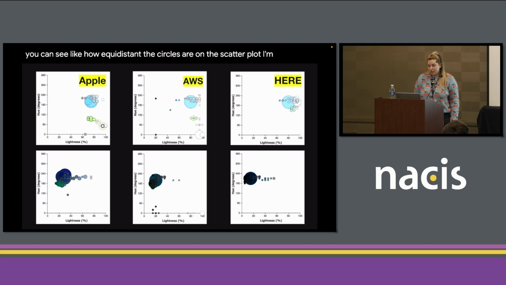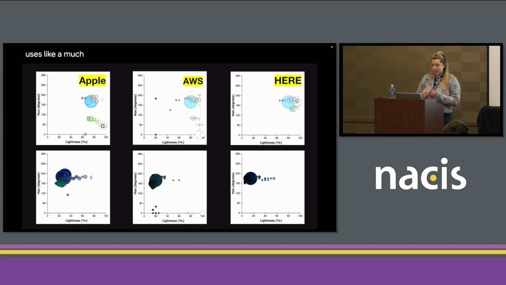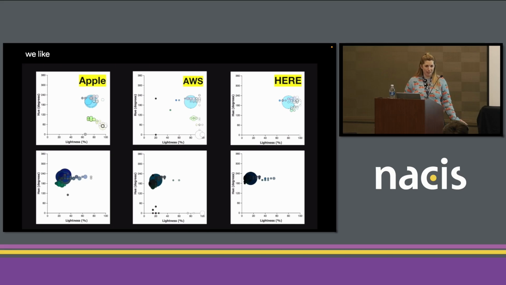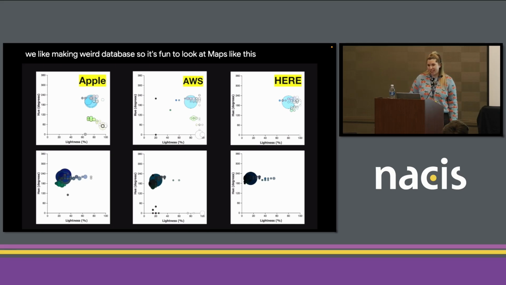And HERE uses a much more condensed range of hues, which is very interesting to me. And they have more of a straight up shift from left to right along this lightness spectrum. And there's a little more variety for the other 2. So it's fun. We like making weird data viz, so it's fun to look at maps like this in a totally different way.